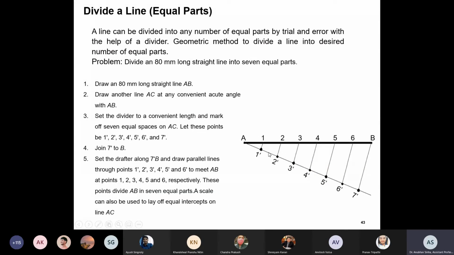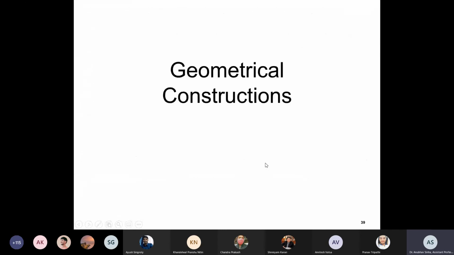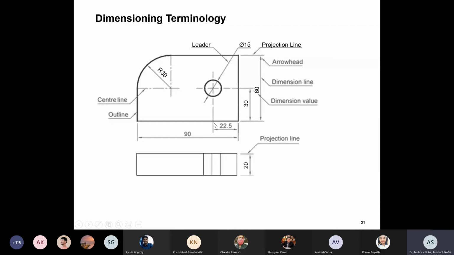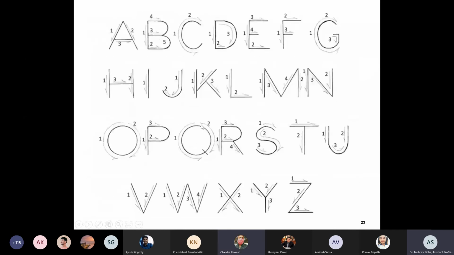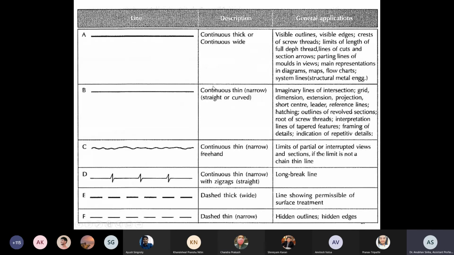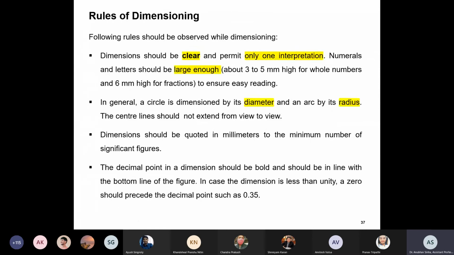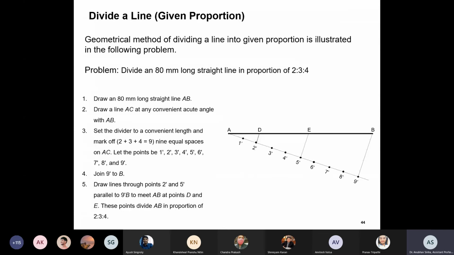So these are generally light, solid, continuous thin lines. Yes, sir. So with that line you can draw. You can make them approximately parallel. You don't need to worry too much. Approximately parallel, that's the idea.